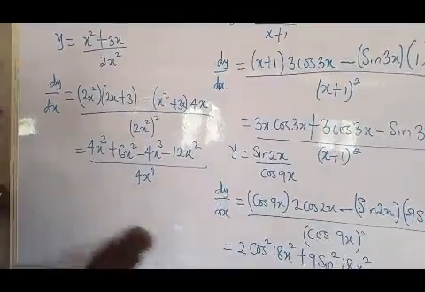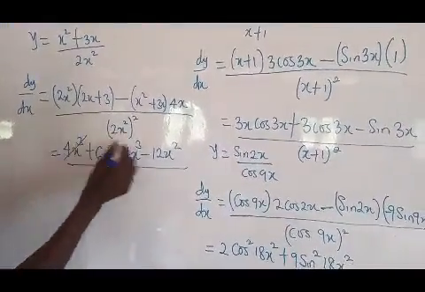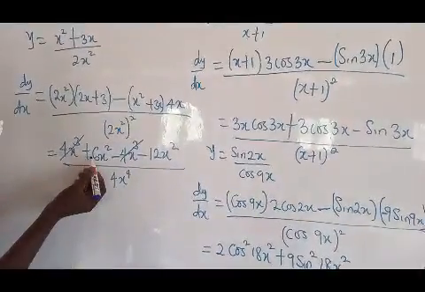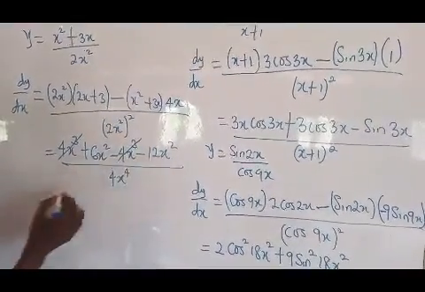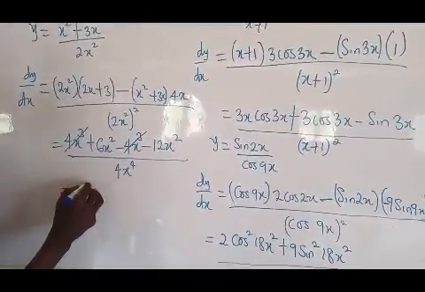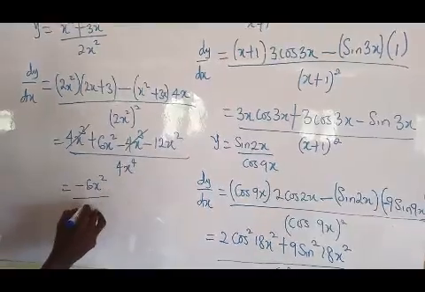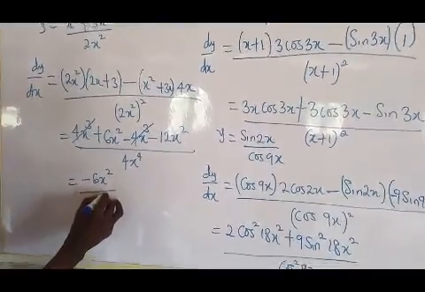After that you can see that some things can cancel out here. So 4x cubed can cancel 4x cubed. 6x squared minus 12x squared will give us minus 6x squared over 4x raised to power 4.